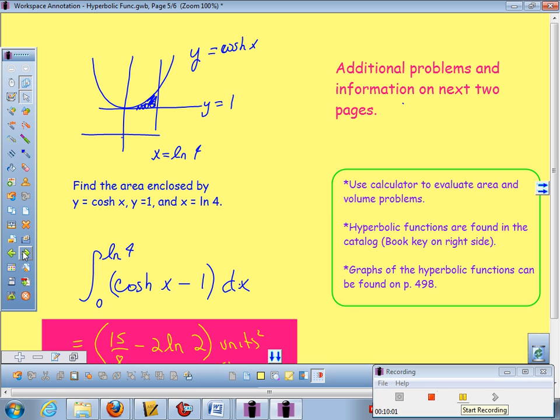If I ask you to do area, then you simply need to do the integration of top minus bottom. So top minus bottom was cosine minus 1, and then we integrated from 0 to natural log of 4. Use your calculators to do this integration, and you'll also discover I've put a hint over here about where to find them in your calculator. Good luck. Have a great spring break.